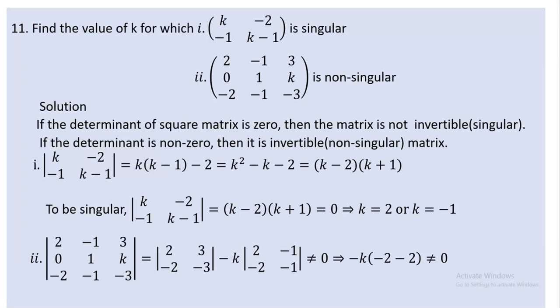Students, as a tip, I recommend selecting a row or a column having 0, because selecting that row simplifies the calculation by eliminating a term. Here we have 0 in the first column and in the second row, as you see. In the first column we have a 0, in the second column also we have a 0, and in the second row as well.